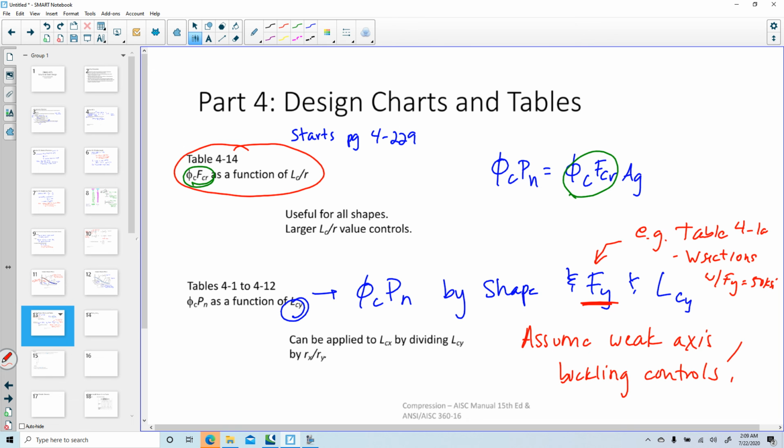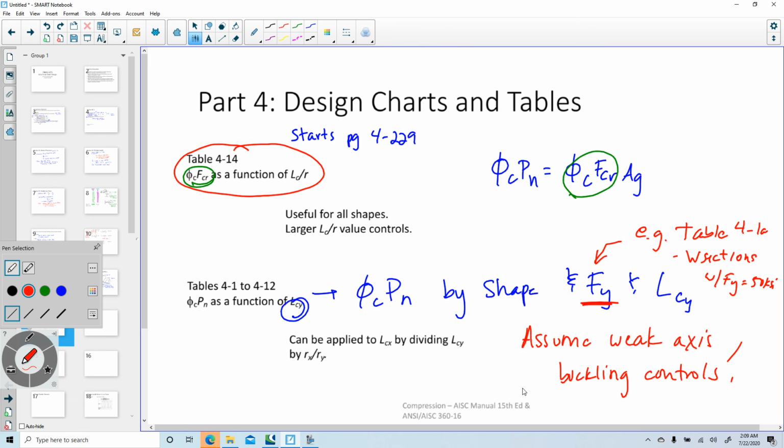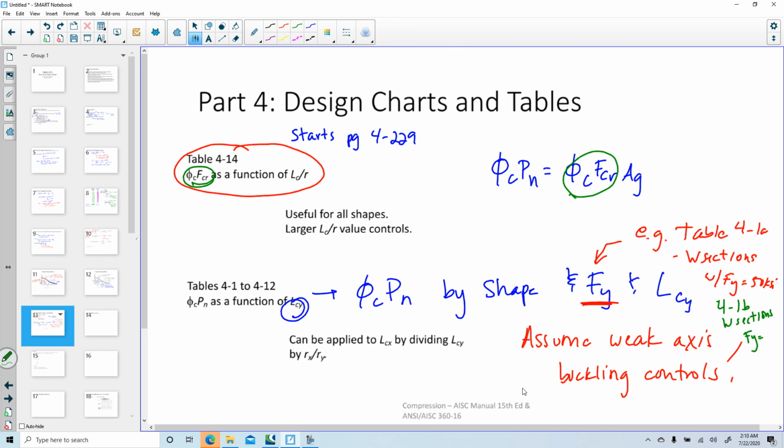Table 4-1B is W sections with an FY of 65, I think.